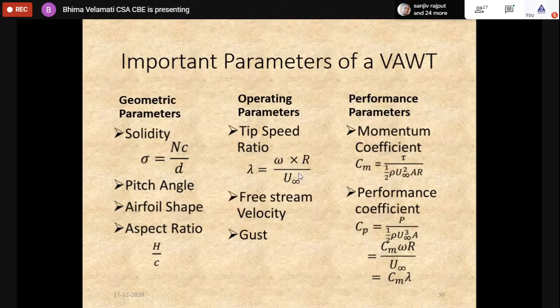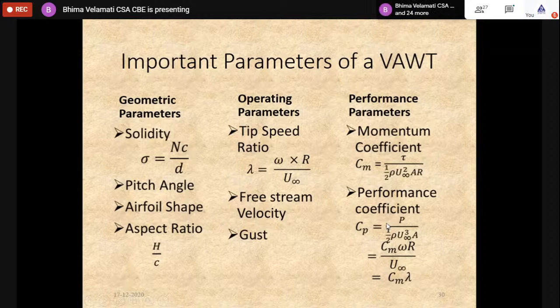The performance parameters are normally the moment coefficient, which is the non-dimensional form of the torque, and the performance coefficient, CP, which is power extracted divided by power available, the energy available in the wind in that region where the turbine is located.